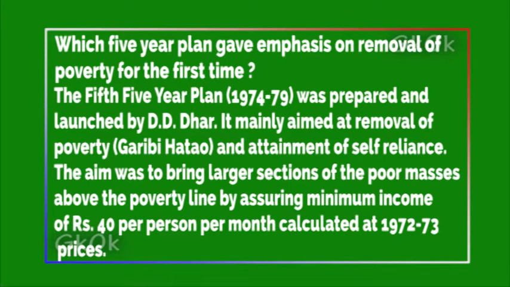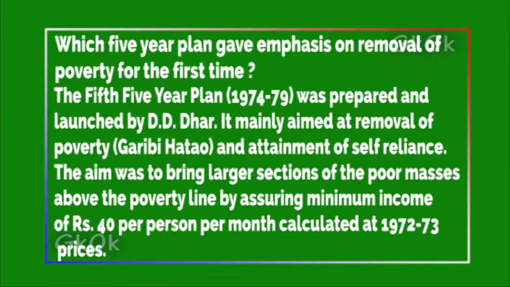Which 5-year plan gave emphasis on removal of poverty for the first time? The fifth 5-year plan, 1974 to 79, was prepared and launched by D.D. Dhar. It mainly aimed at removal of poverty, Garibi Hatao, and attainment of self-reliance.